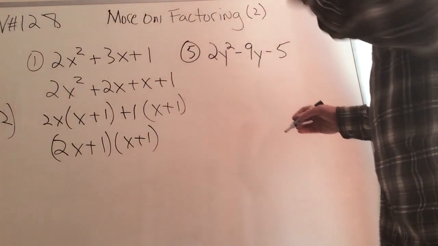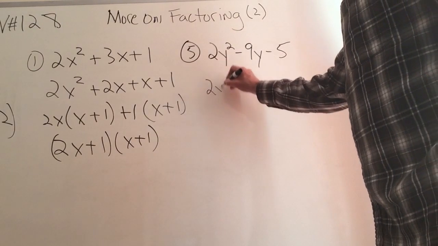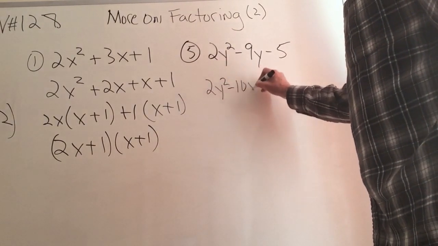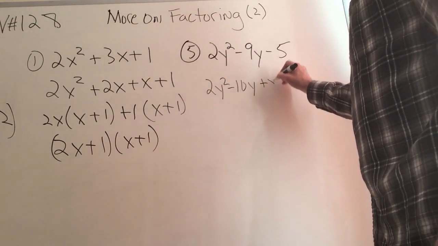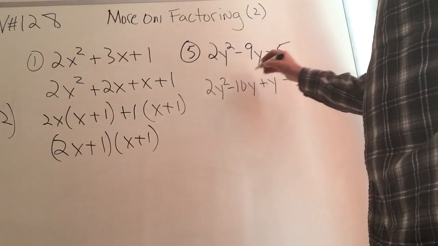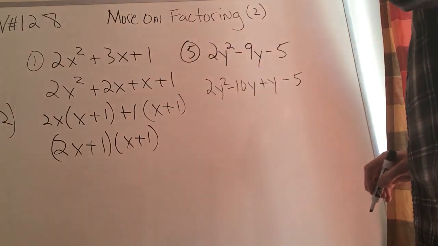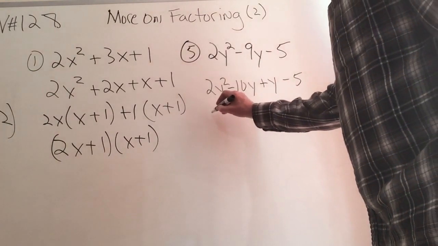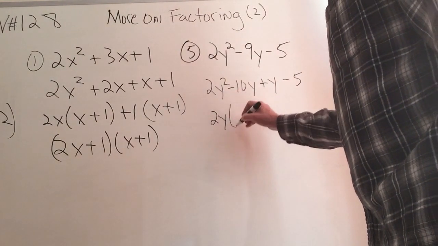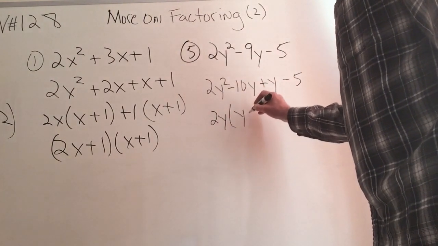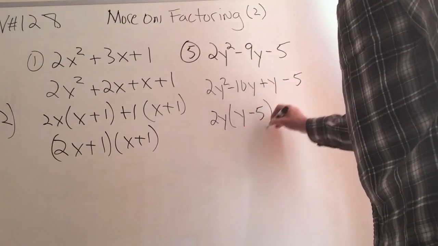Okay. So let's rewrite this: 2y squared minus 10y plus y minus 5. No one can deny that this is the same as this. Now we factor out 2y here, and there's a y left over, and there's minus 5. Check, check, check.